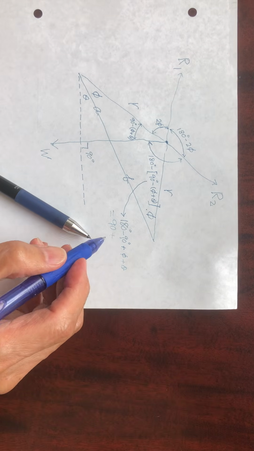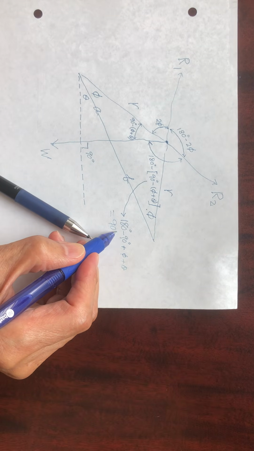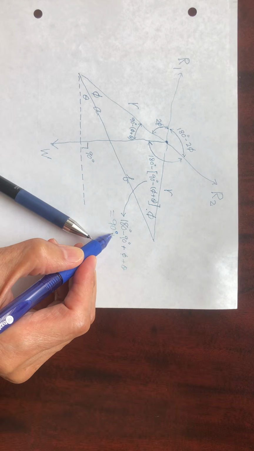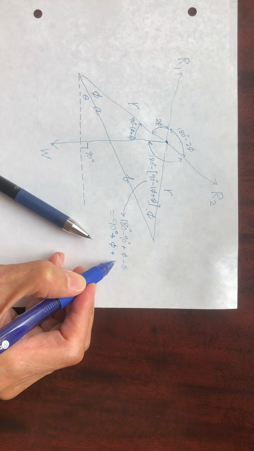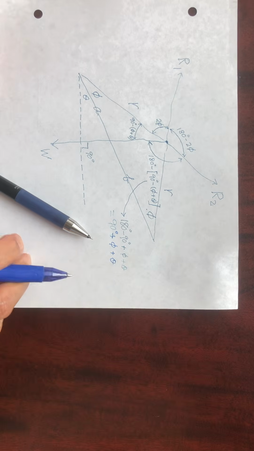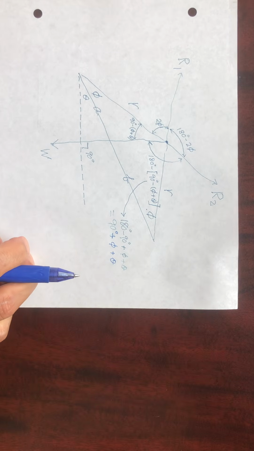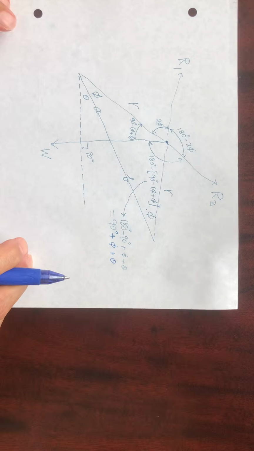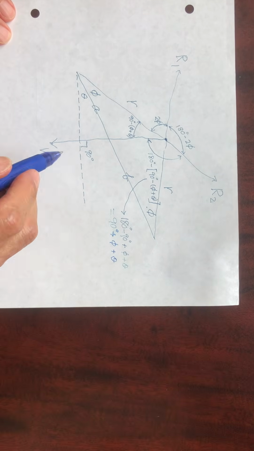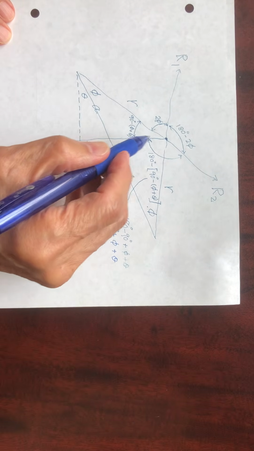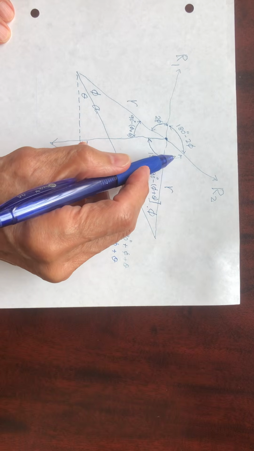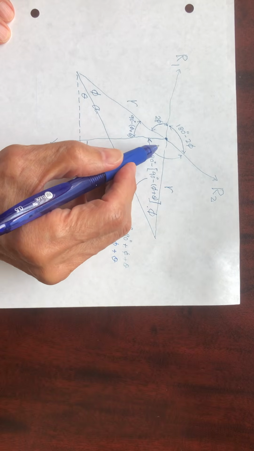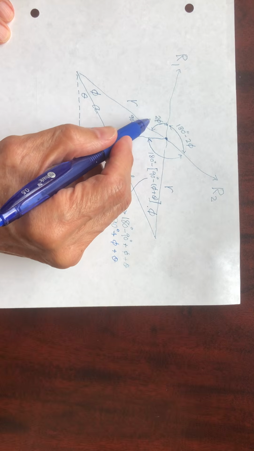Okay, I'm back. So this is 90 degrees plus phi plus theta. So this is this angle. You see from Lami's theorem, I need this angle, and also this angle, right?